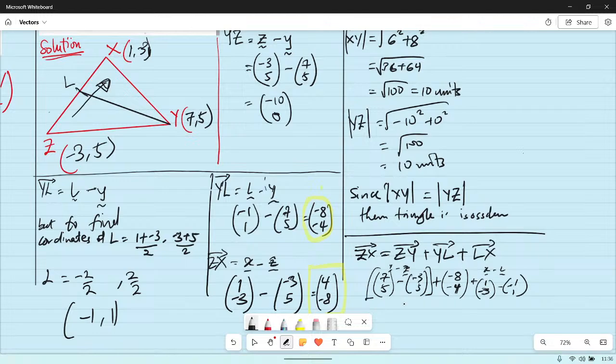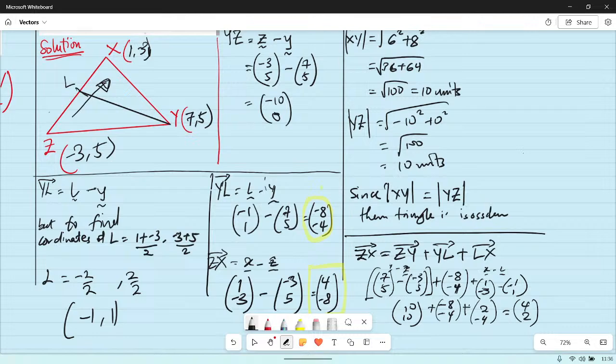This gives me (10, negative 4)... plus (negative 8, negative 4). So it gives you (2, negative 4). 10 minus 8 is 2. 2 plus 2 is 4. 10 minus 4 is 6. Negative 6 minus 4 is 2.